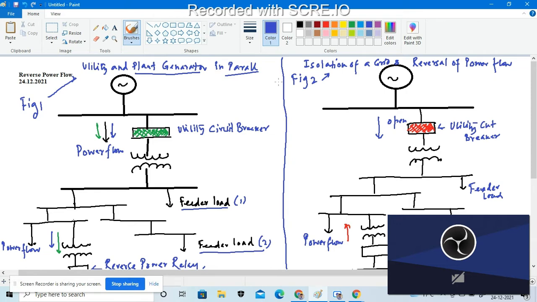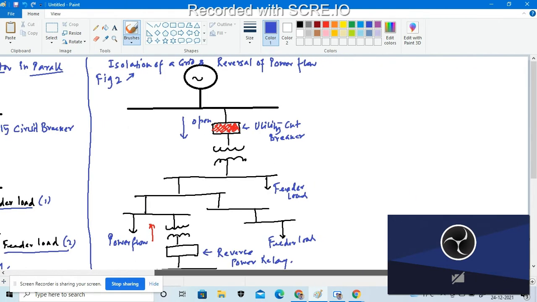So in that case, we have to consider several points. So what are the points that will be associated? The points are, okay.